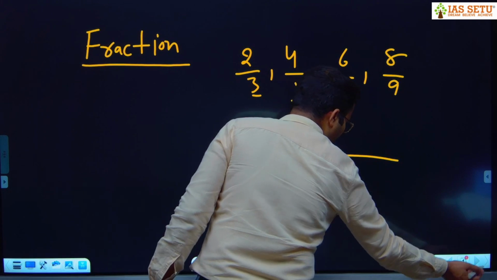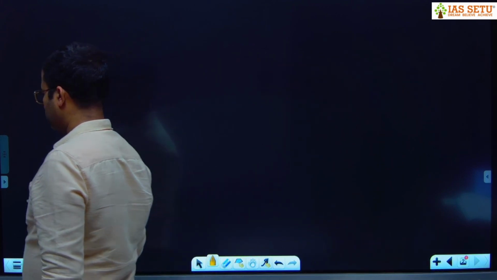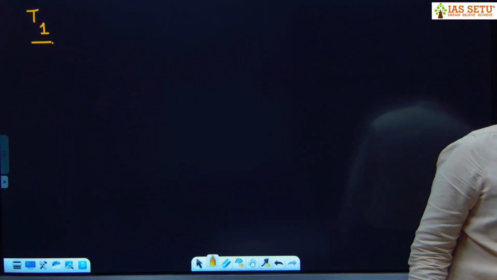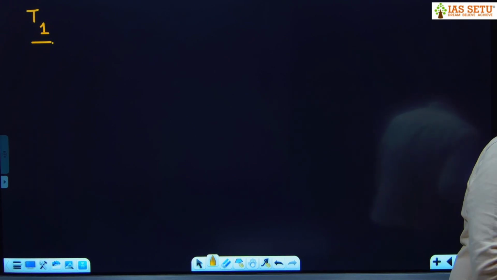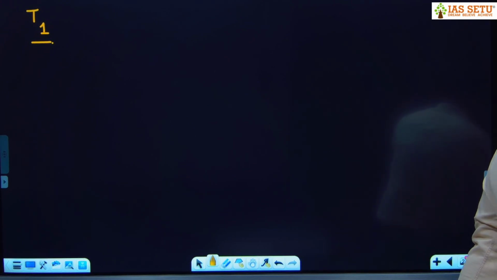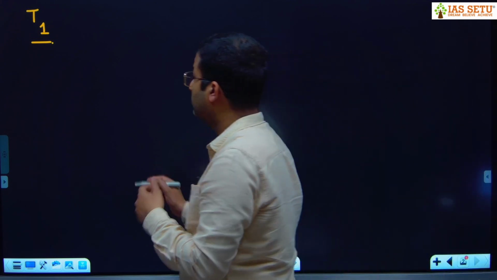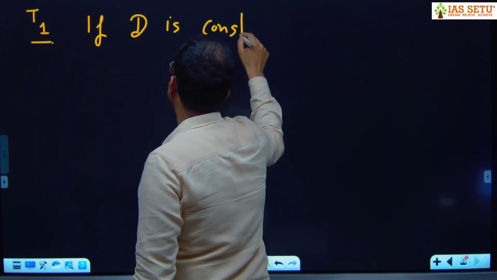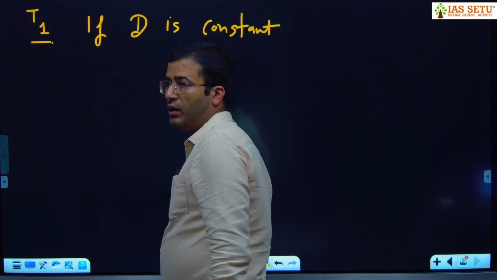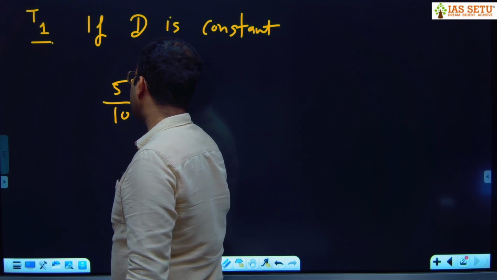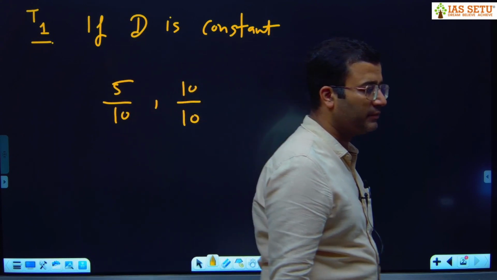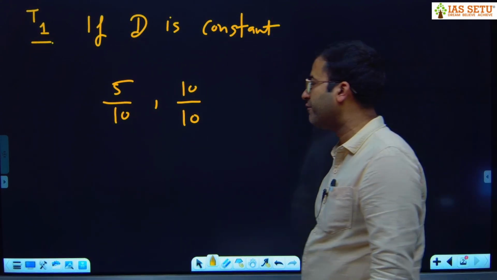So type 1: if the denominator is constant. Like if you see 5/10 and 10/10, to compare these we can convert to decimal. 5/10 is half, 10/10 is 1.